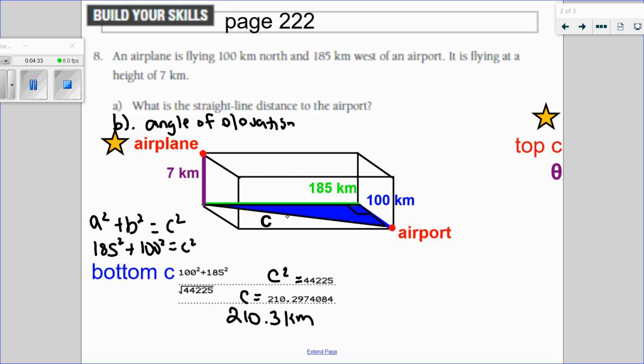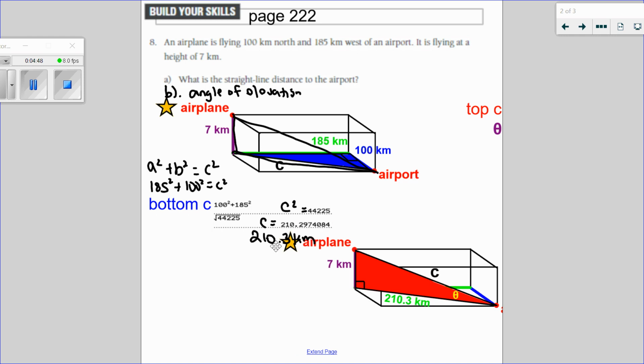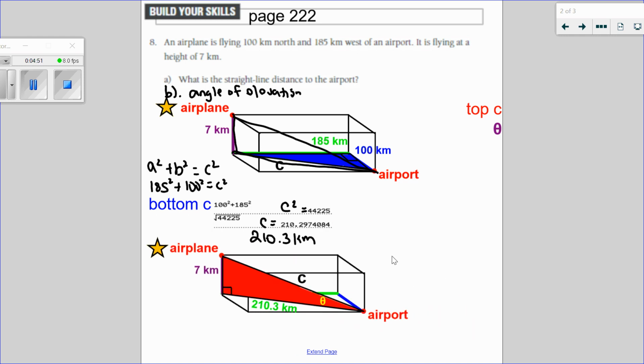Now I'm going to use that to find my other triangle. It's going to have a height. I'm going to use the base here of c and connect the two distances, and that's going to be my new hypotenuse. So in my next triangle, I have the 210.3 that I just figured out with the height of 7, and I'm going to find the hypotenuse here, and then again the angle of elevation. So again, Pythagorean theorem is a squared plus b squared equals c squared.